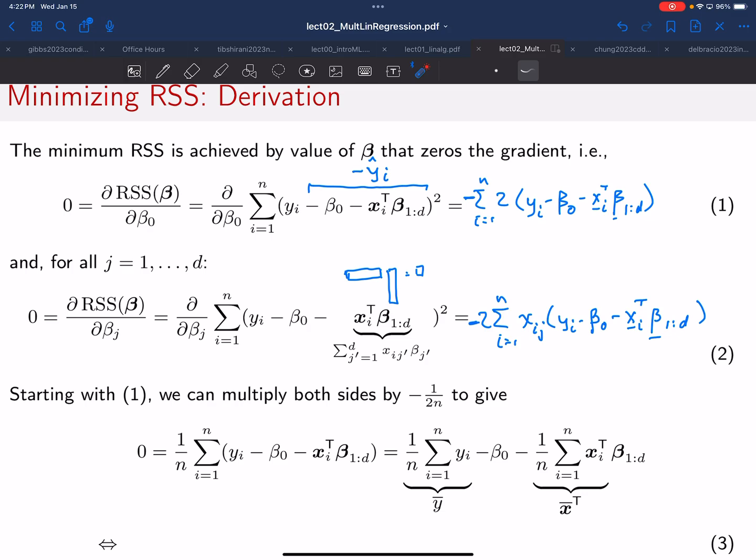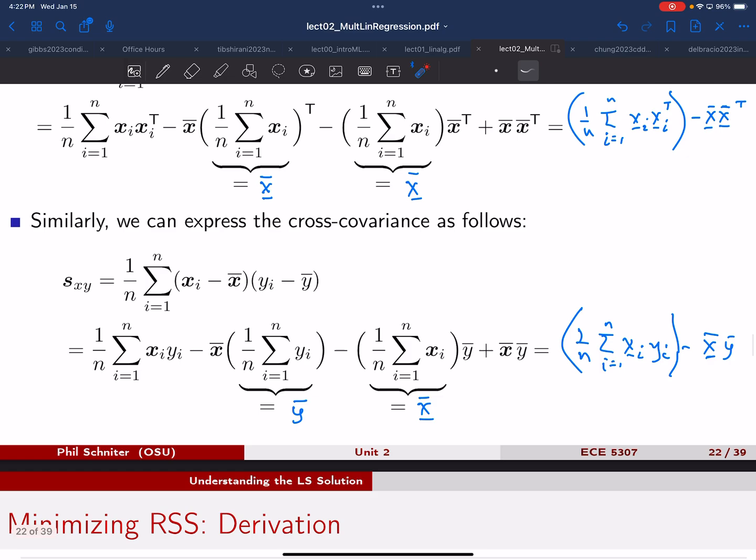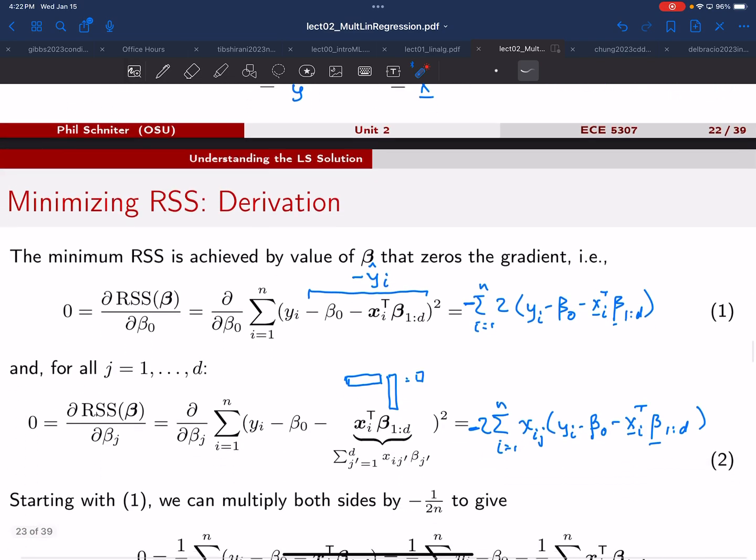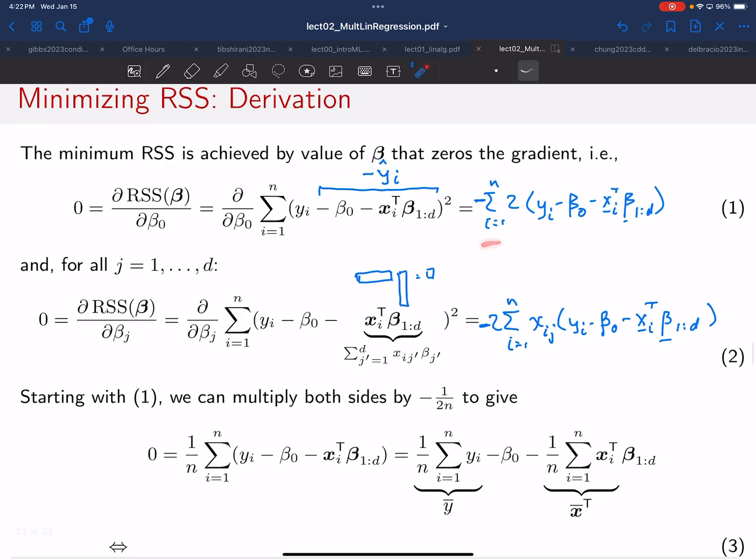Essentially, we're going to do that step by step. Let's first make these quantities a little more familiar by getting rid of the 2 and the negative. We're used to seeing the statistical quantities we derived earlier with averages, so that would mean there's a 1 over n, and we're missing the 1 over n here and here. Because we have equals 0 on the left side, we can multiply both sides of those equations by minus 1 over 2n.